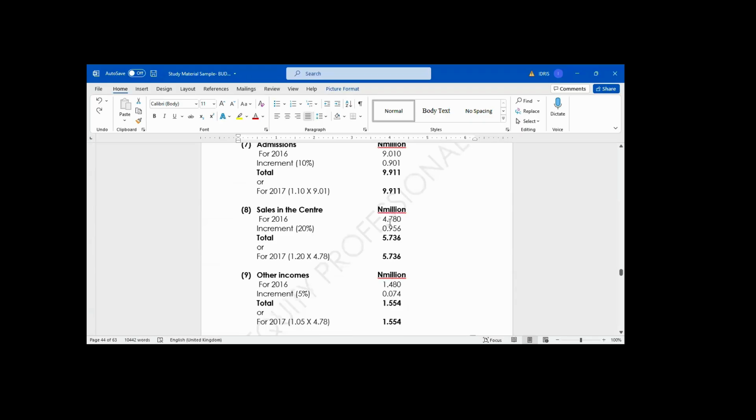Sales in the center for last year, 2016, was 4.780. 20% of it will give us 0.956. That means the total amount is going to be 5.736. That is the sales in the center amount.